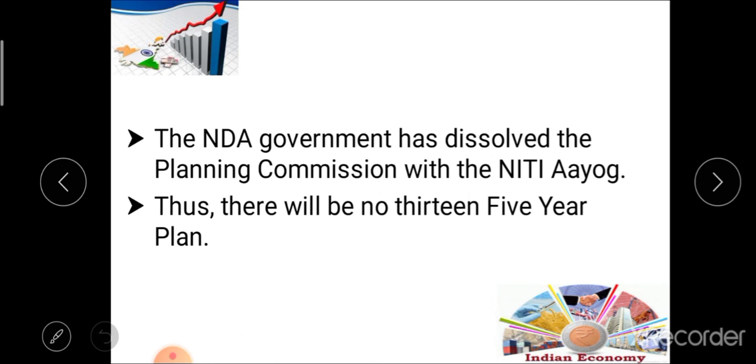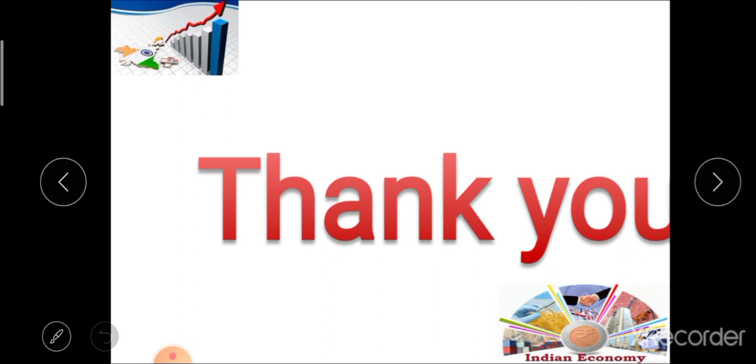The NDA government dissolved the Planning Commission and replaced it with Niti Aayog, and thus there will be no thirteenth 5-year plan. So these are the different 5-year plans in India.